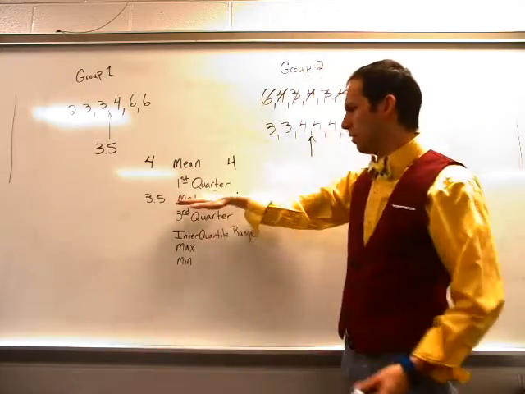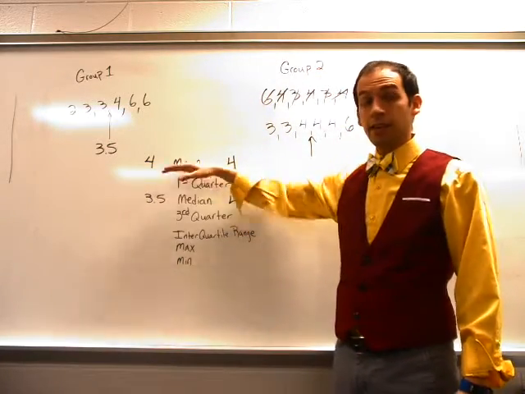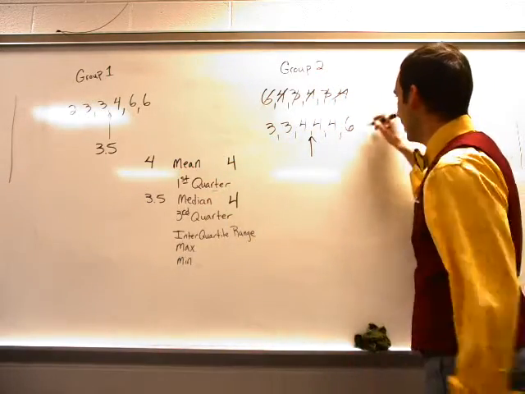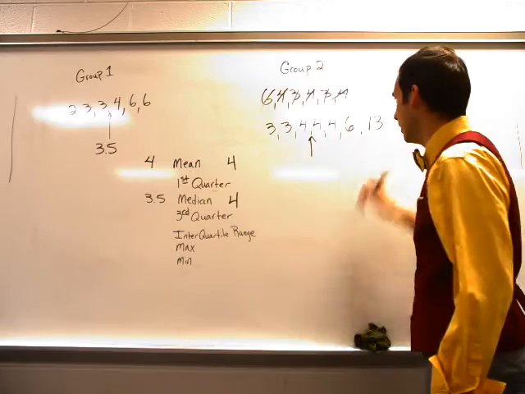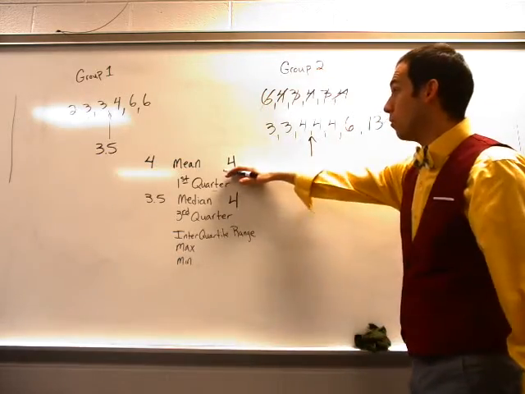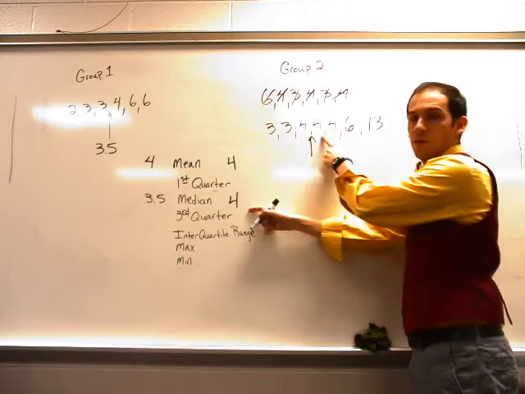Now notice that the middle number is not always equal to the average or the mean. Okay, and there's a purpose for that. If I had some weird extreme value like 13, and when I added all those together, my mean would be higher. But the median would still be 4.